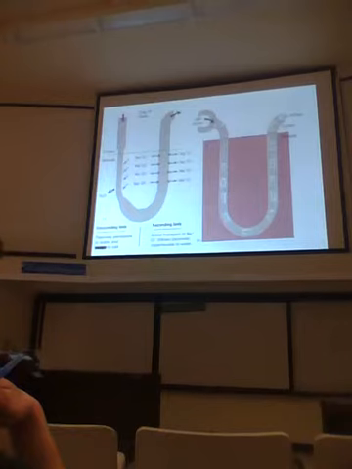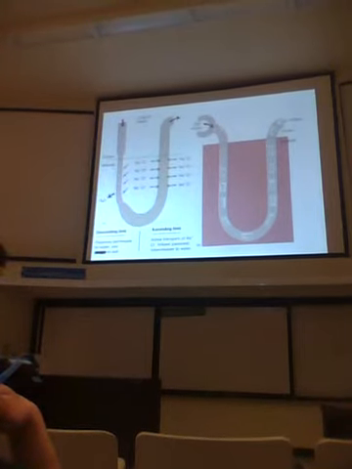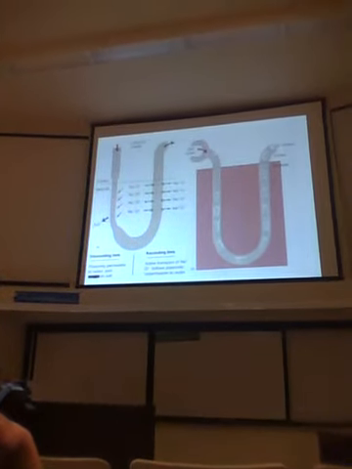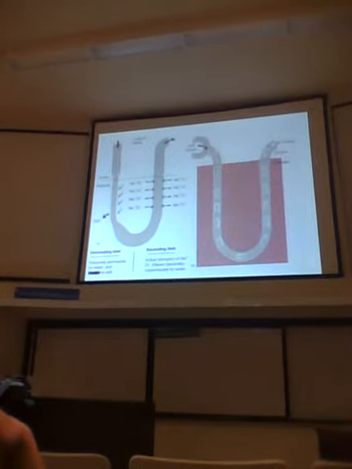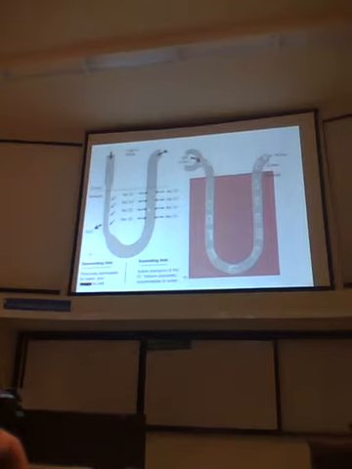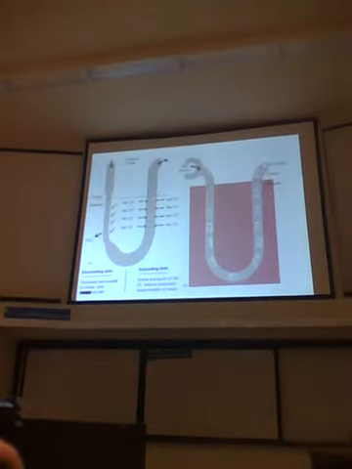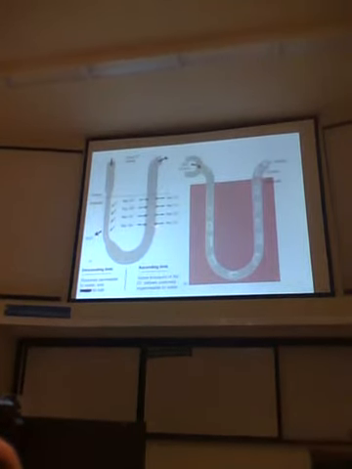Sodium is passively permeable and goes into the loop here. As it goes around, there is active transport of sodium and chloride, and sodium and chloride is being pumped out.